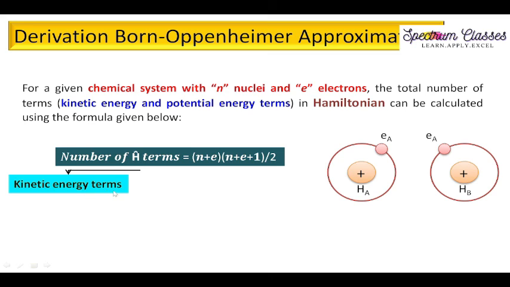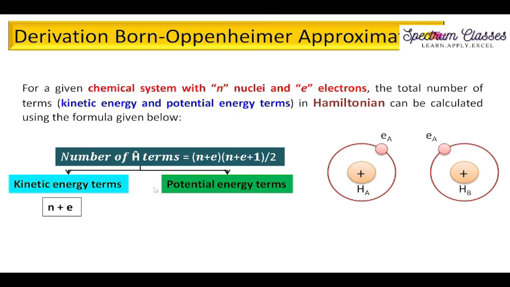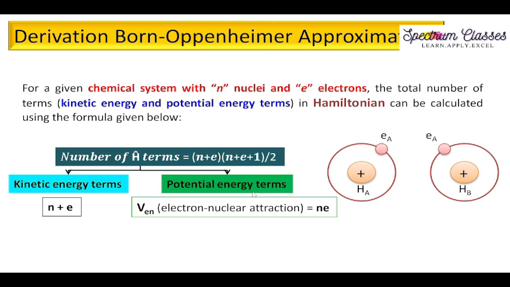One is kinetic energy terms, which is equal to the number of nuclei plus the number of electrons, and the second is potential energy terms. The potential energy terms are further categorized as V_EN. This subscript represents the electron-nuclear attraction, which is equal to N into E terms, right? So here the attraction is given by this.